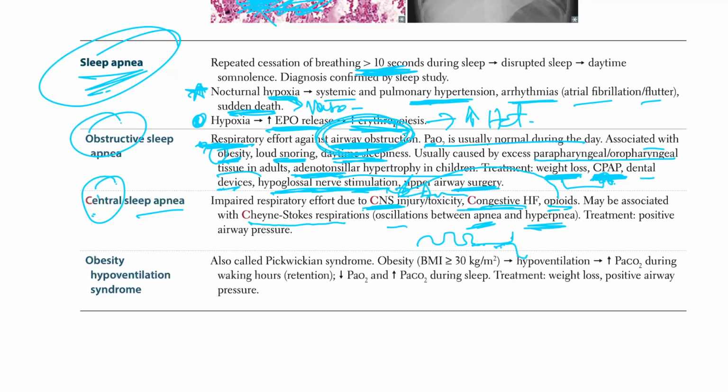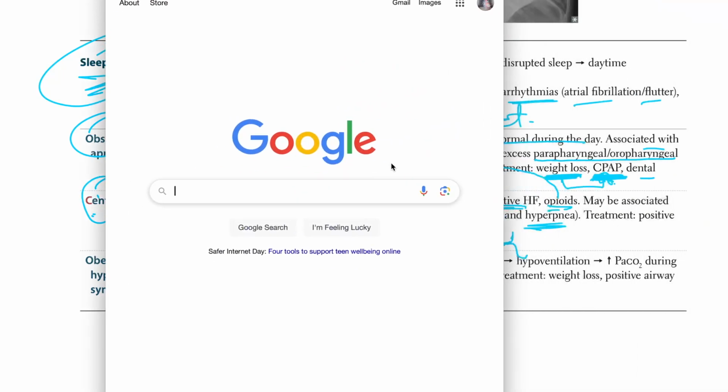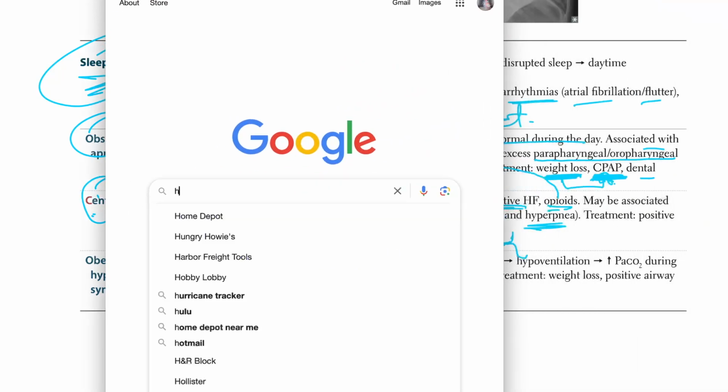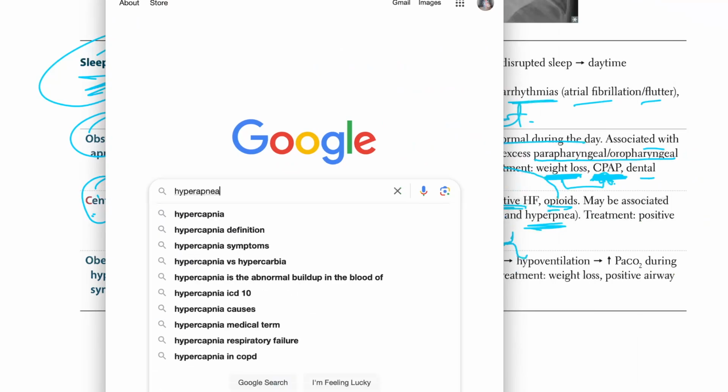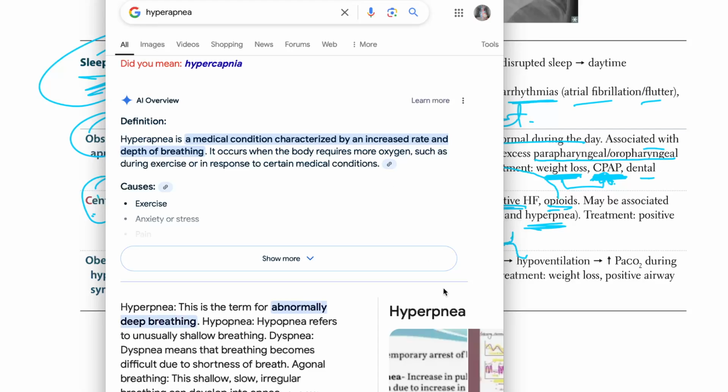Here, what I can do is Google hyperpnea. Okay, hyperpnea is a medical term categorized by increased rate and depth of breathing.